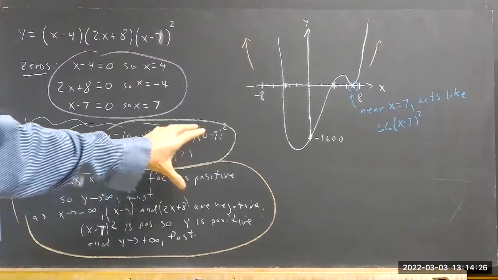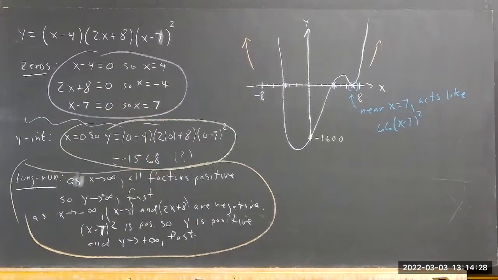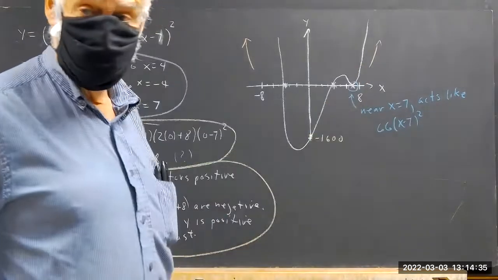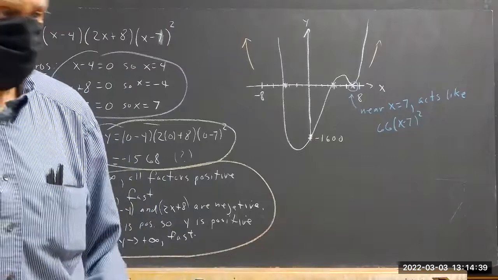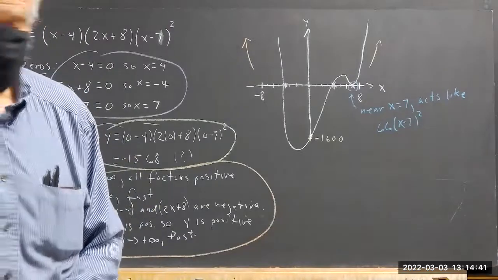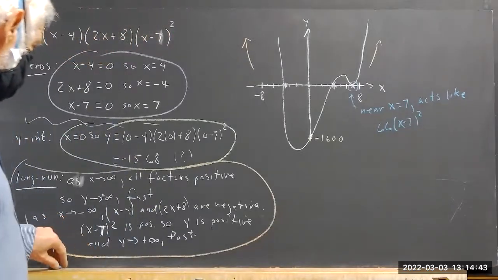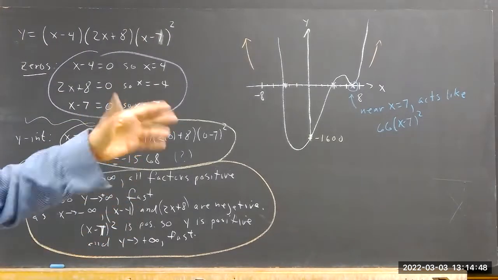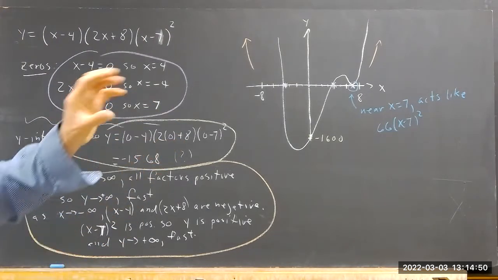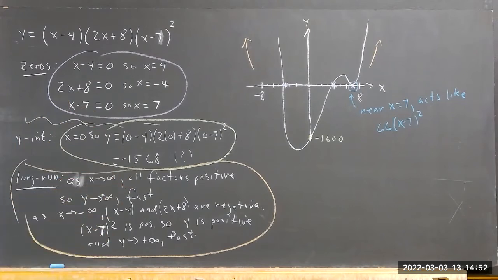There it is. That's how you graph this. And that's things you need to think about. Okay. Now, some of the stuff about multiplicities of zeros hasn't come up until like the third section of the chapter. Okay. But this stuff about end behavior, zeros, and intercepts, you need to know that.